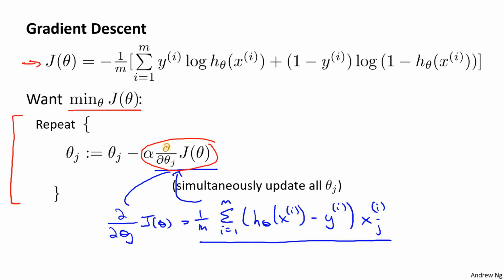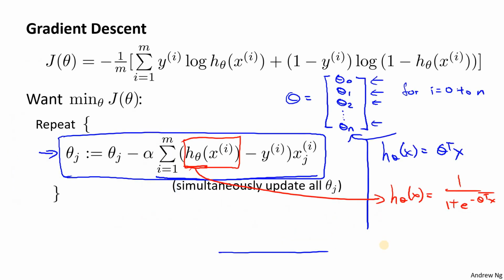Okay, so the derivative of j that we take over here, if you remember from the last chapter on linear regression, also comes out to be h minus y into x.